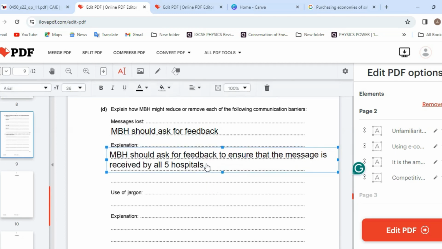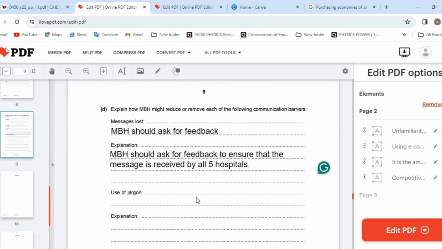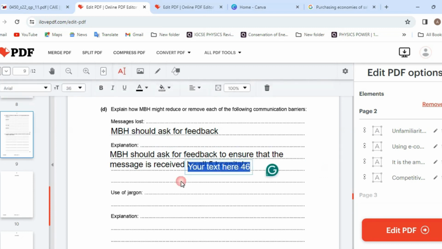When the message is lost, the best thing is to ask for feedback or make sure the medium of communication is suitable. Now, use of jargons here. Of course, the first one is to use simple language. That is a way that the communication barriers can be removed.